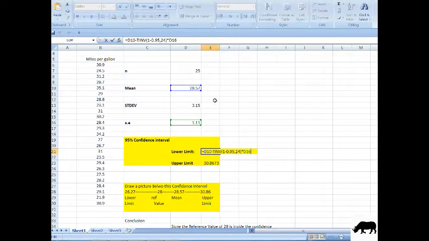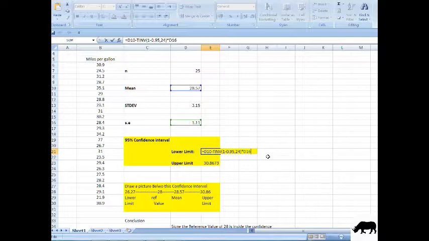Look at the end result of this formula, D10. D10 is this cell, this is the mean. In the formula, minus TINV, which is a function of Microsoft Excel, then 1 minus 0.95, comma 24. The total number of tests is 25, so 1 is used here and 24 is used here, and then it is multiplied by D16, and D16 is the standard error of the mean.